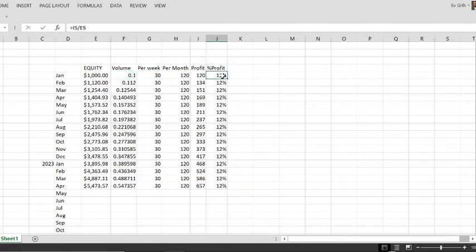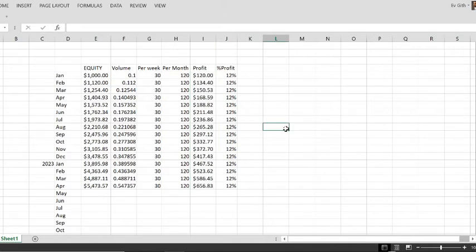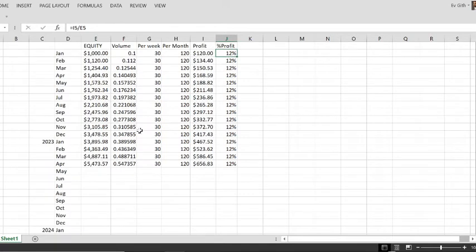So if I'm able to make 12% per month, targeting 30 pips, risking not more than 3% of my equity, targeting 30 pips per week, 120 pips per month, I get a profit of how many dollars? This one, 12%. And I compound it each and every month.